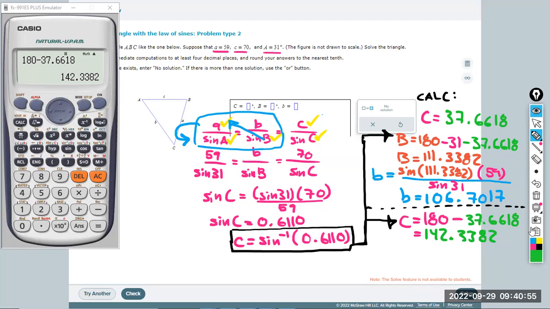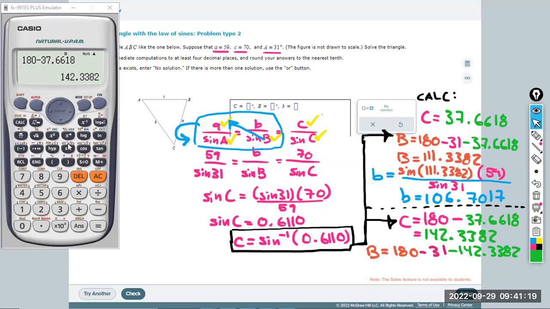Then let's do the same thing. The angle B is the subtraction from 180 and the other two angles, minus our angle C, 142.3382. How much is that?